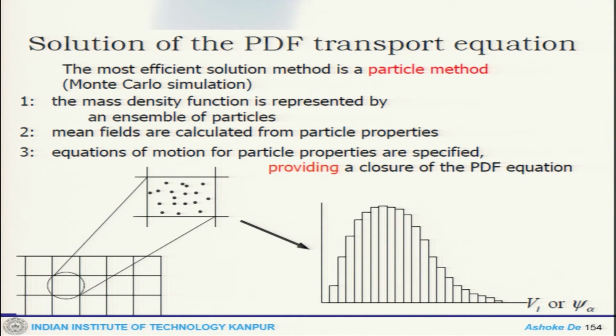So, you need a hybrid approach, that means you will solve some of the mean quantities in the Eulerian framework. Then each computational cell has some n number of particles. These particles have some mass, they are not massless particles, and they are also exposed to reaction, mixing and turbulent fluctuation.